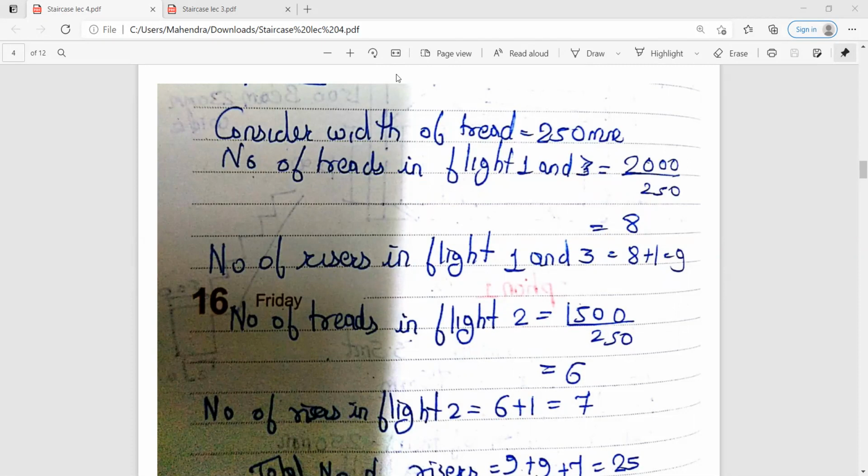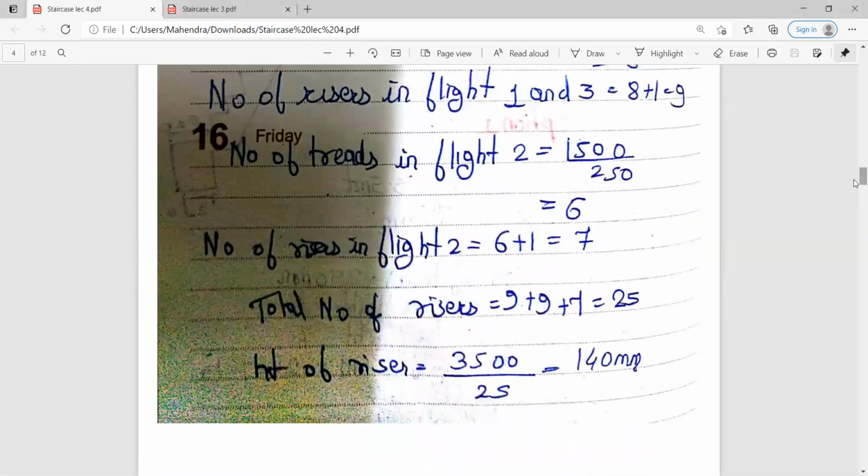So you have calculated the treads and risers both for flight 1 as well as for flight 3. Now you need to calculate the number of treads and risers for flight 2. For flight 2 you are going to take again 1500, that is nothing but the size of your lift.